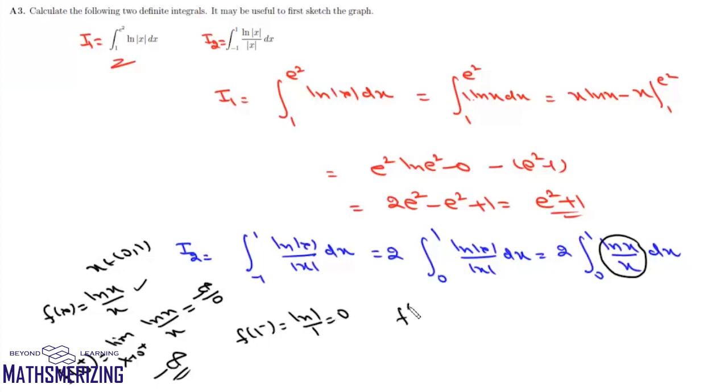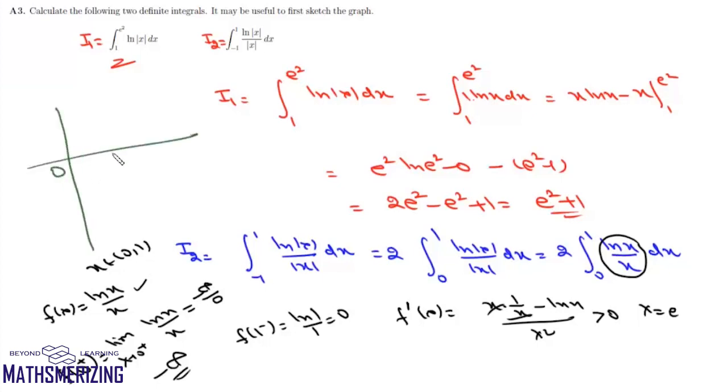Now we'll differentiate this function. If we find f dash x, the derivative of log x is 1 by x, minus log x upon x square. So the critical point here is e. Now in between 0 and 1, this value is greater than 0. So that means this function f(x) will be an increasing function. So we'll draw this graph between 0 and 1.